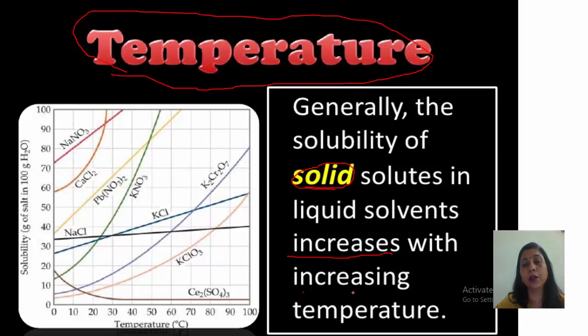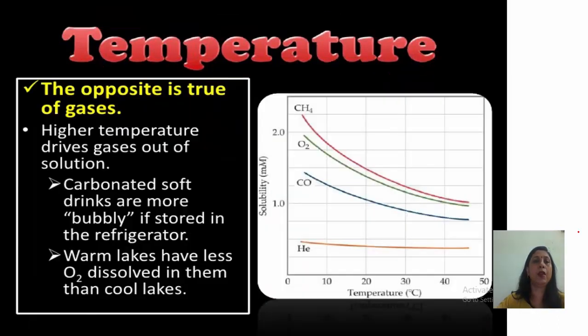This point is to be noted. The opposite is true for gases. Higher temperature drives gases out of the solution. Means in case of gases, the solubility decreases with the increase in temperature.